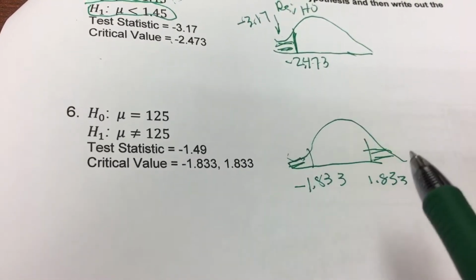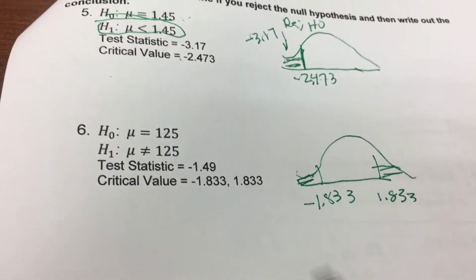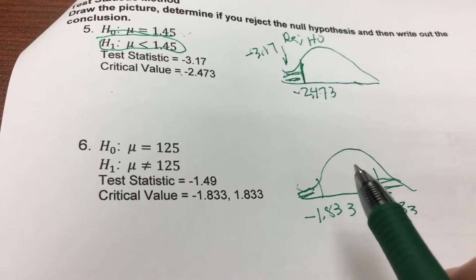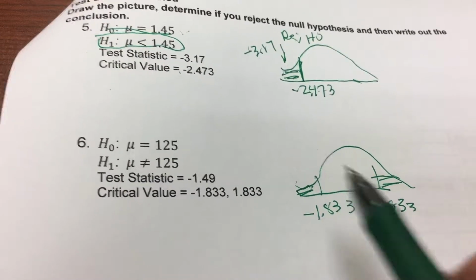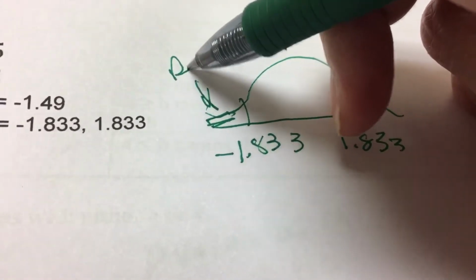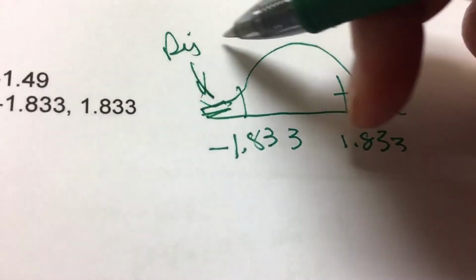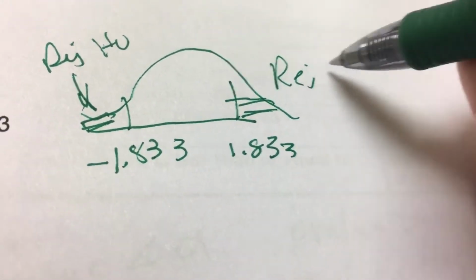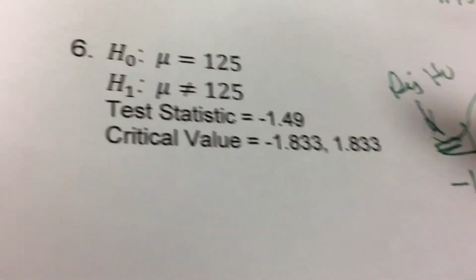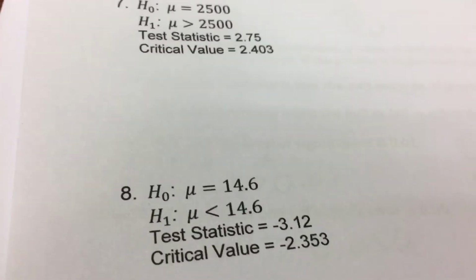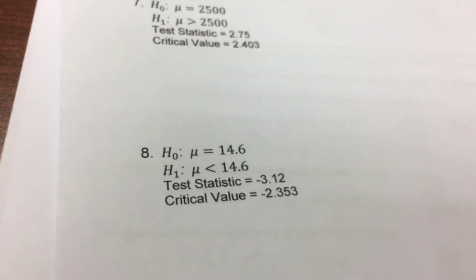If it's in the ends, you're going to reject the null. If it's in the middle, then you fail to reject the null. So anything in the tail region, reject H sub 0. You will have to take your test statistic and place it to determine if you reject. So you can continue that on through the other problems.